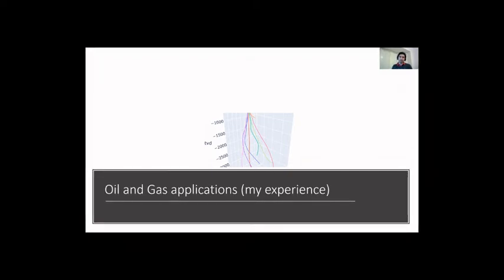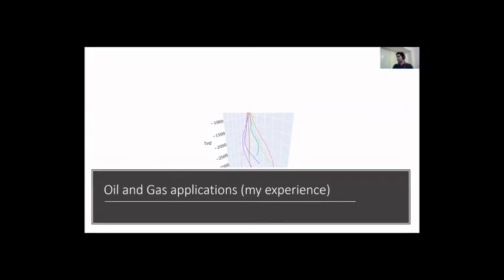So things like taking some deviation surveys from multiple types of input reports or input data into the Python world and visualizing it in 2D or 3D. That's something that is quite feasible in Python.